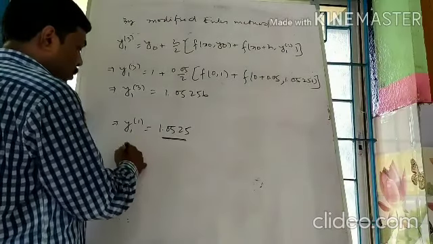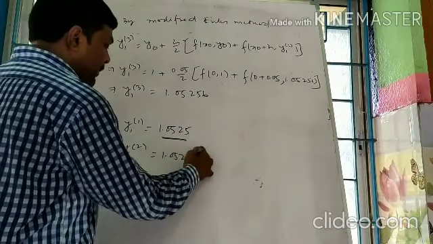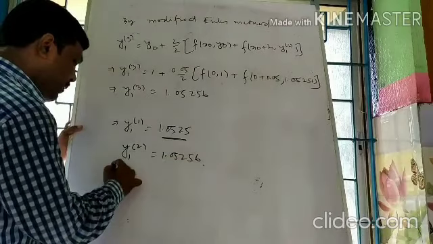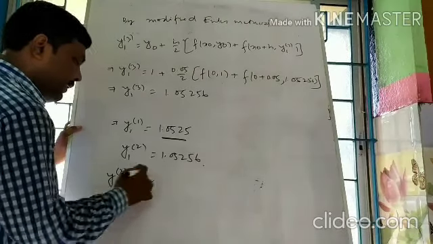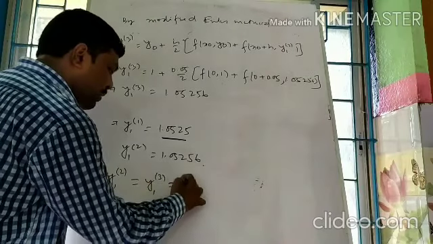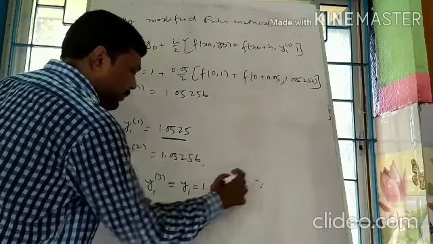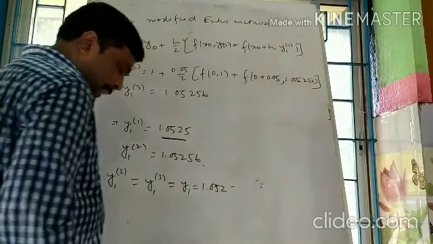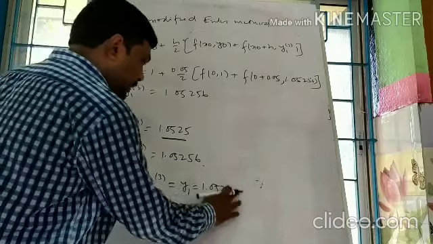So y12 equals y13 equals y1, that is 1.0526, correct up to 4 decimal places.